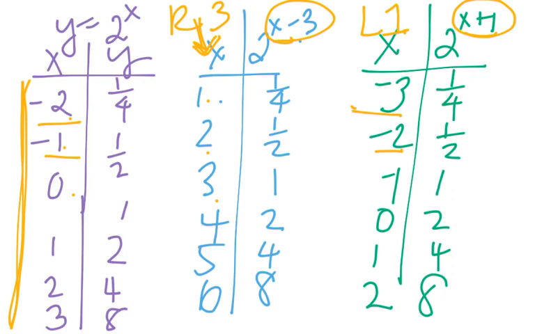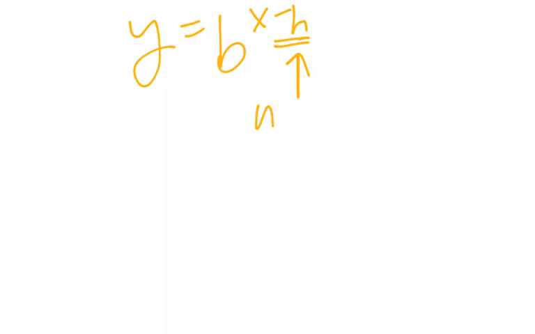So for y equals b to the x minus h, this minus h part is moving us left, right, and in the opposite way we would expect. Okay, so you should plot those graphs on the graph paper that you have in your notes.